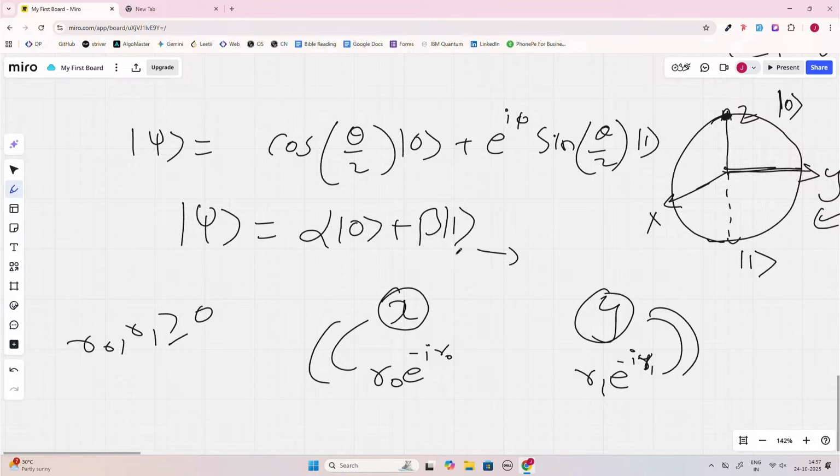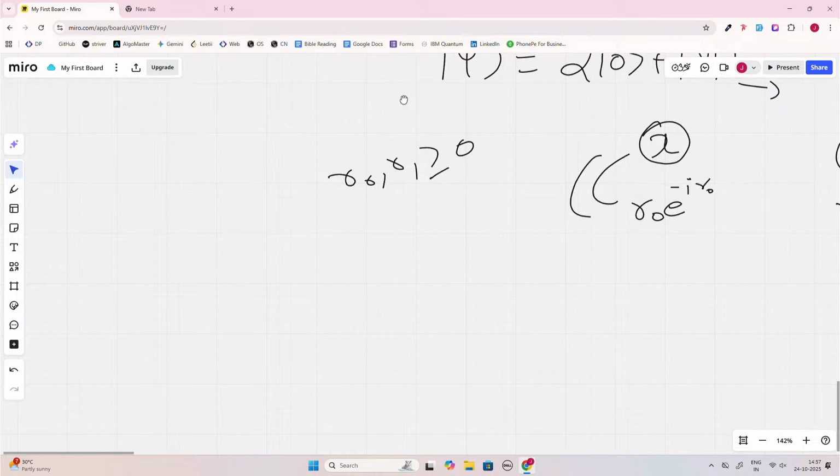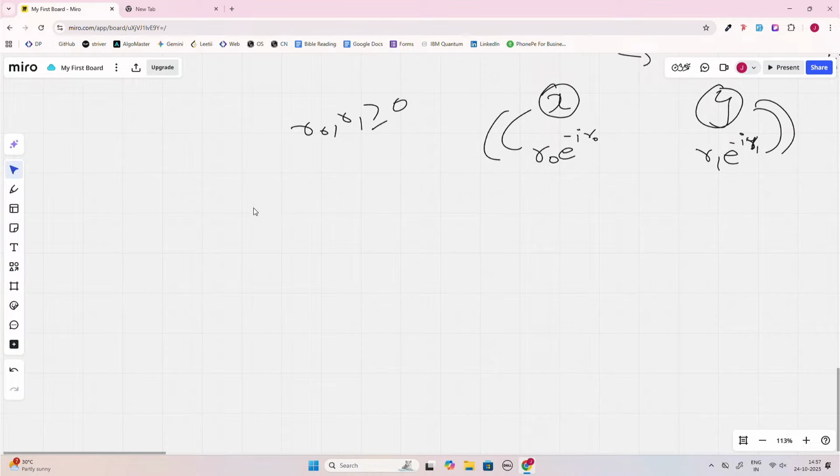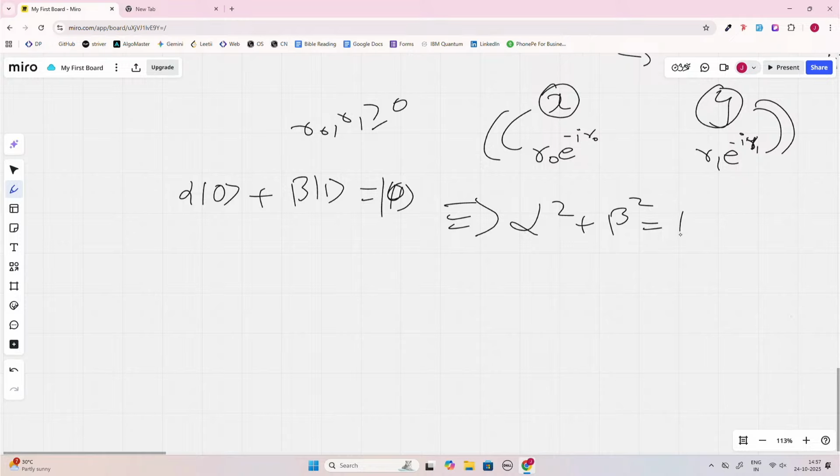So in this case, I can show it in this form: alpha naught plus beta 1 equal to, sorry, equal to some random psi. And one more rule goes like this: alpha square plus beta square equal to 1.